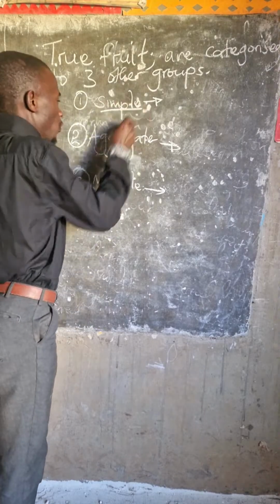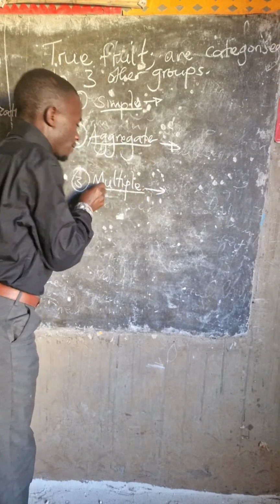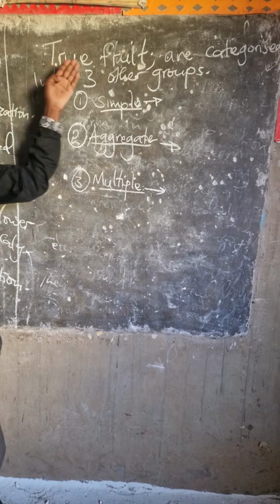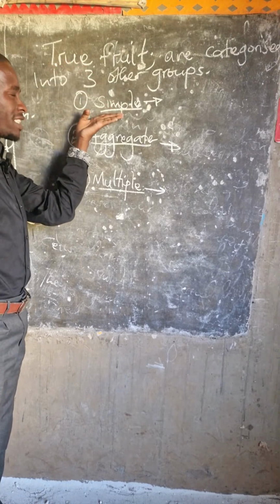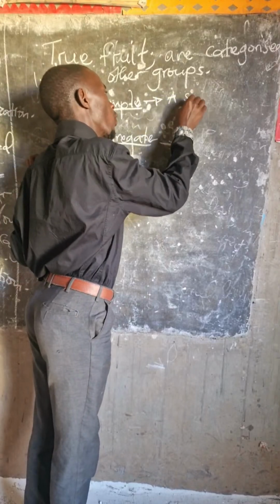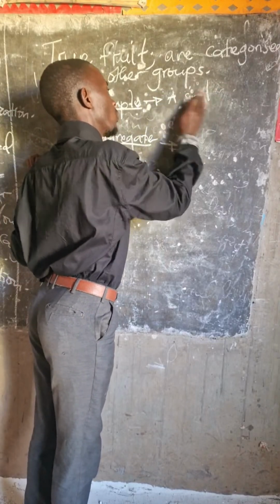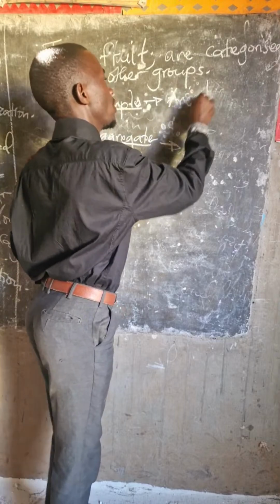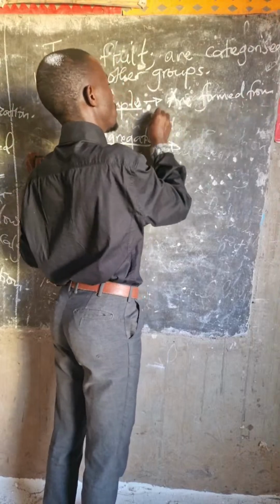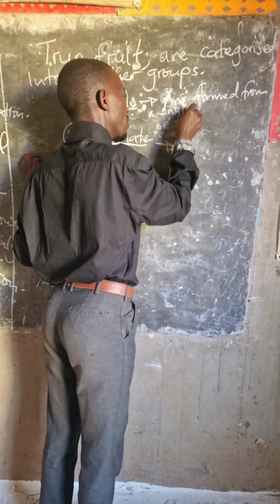We say the true fruits are purely formed from the ovary after fertilization. So for these two fruits to be called simple fruits, they must be formed from a single flower.